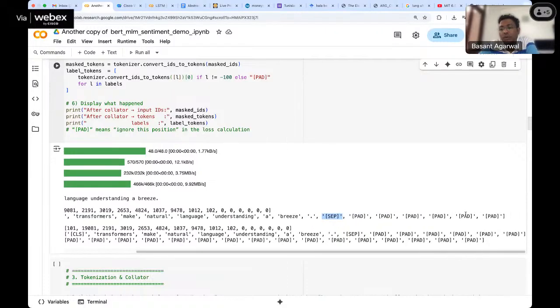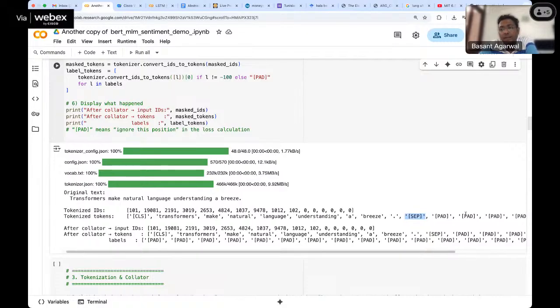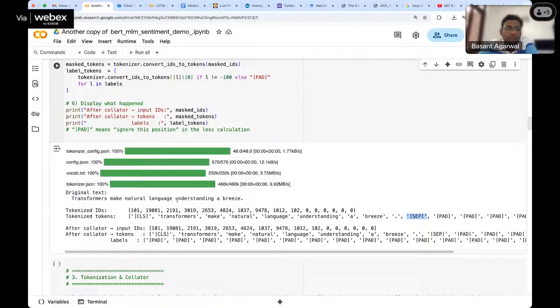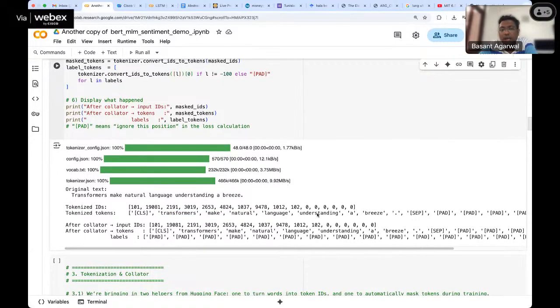Apart from that, all these are padding, because we have fixed the length of the sentence to be 16. Each of these IDs represents the index of the particular word in the vocab, so transformers is at a position in the vocab, and accordingly they have the IDs.